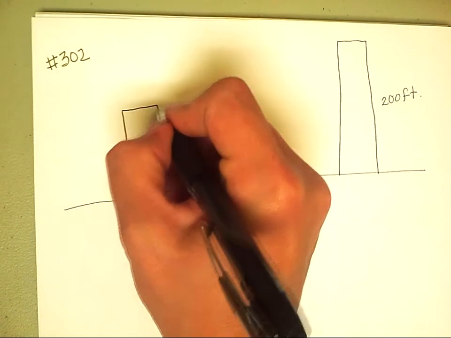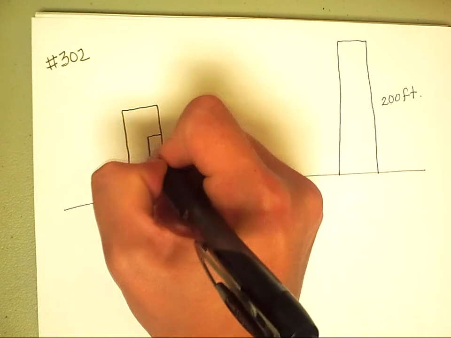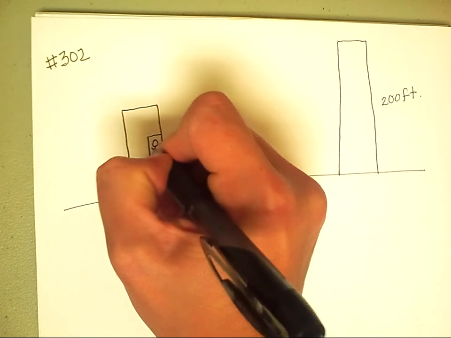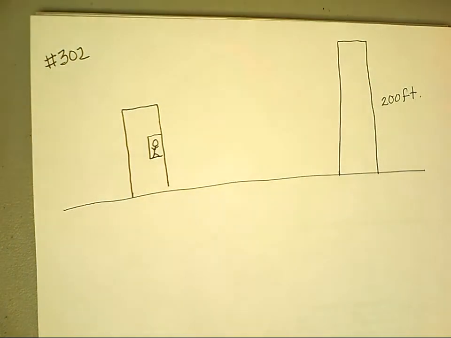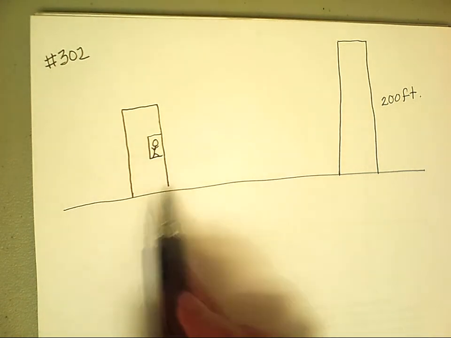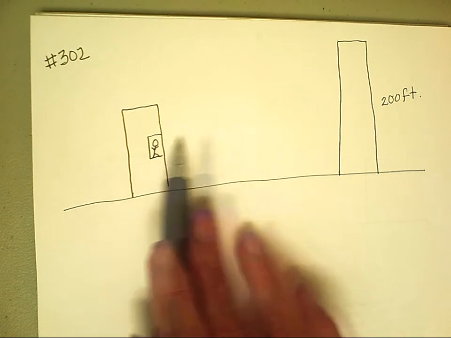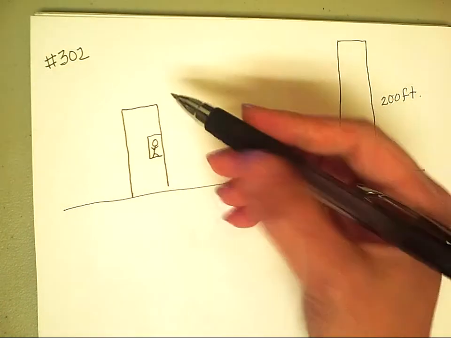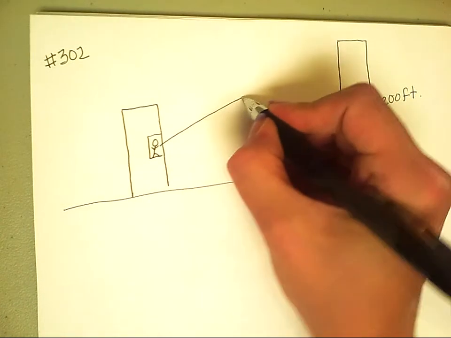Now, someplace there's a person in a window. We don't know how far away this person is, but we know two things.